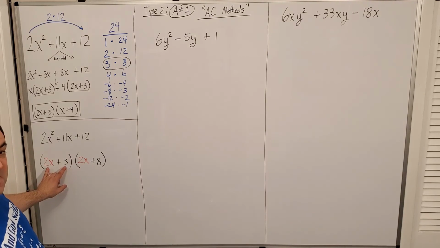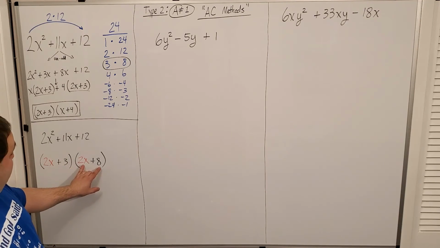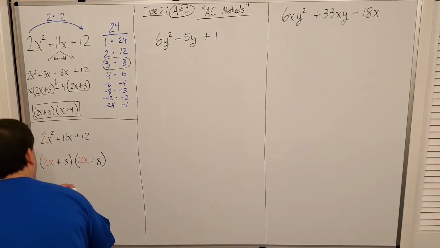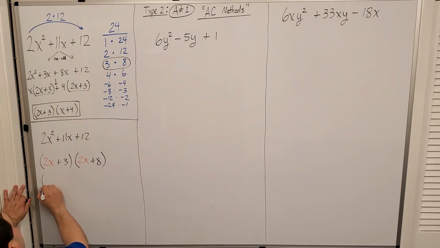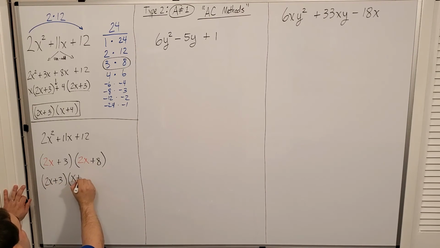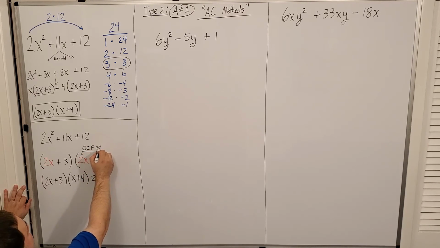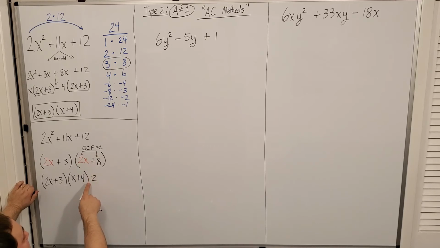2x plus 3, nothing in common. 2x plus 8, they have a 2 in common, don't they? So look, if I do 2x plus 3 and then x plus 4 times 2, notice right here, between these two pieces, I factored a GCF of 2 out.